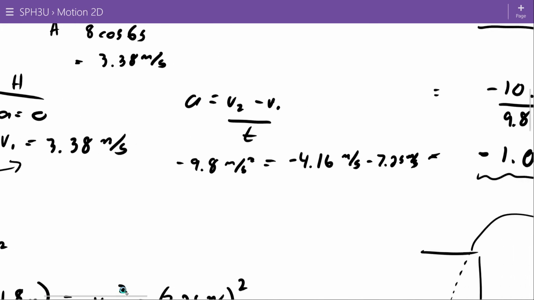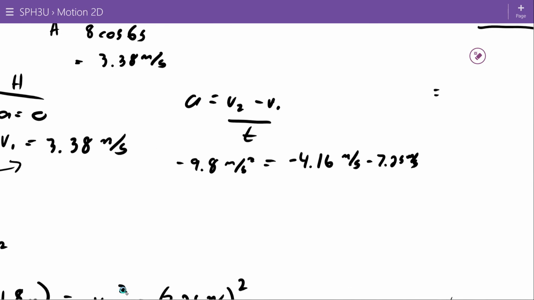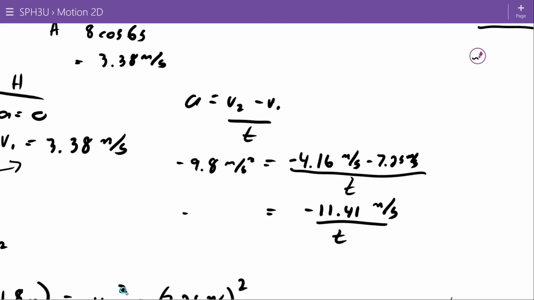Oh, my last problem's encroaching on us here, so let me get rid of some of this stuff. And that's all divided by t. So 4.16, I'm down, and I'm down even worse, 7.25. So I'm down negative 11.41 meters per second here over t, negative 9.8 meters per second squared.